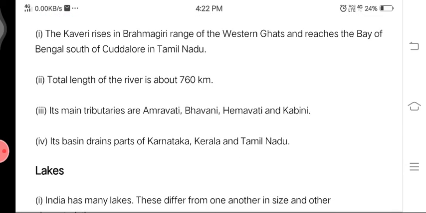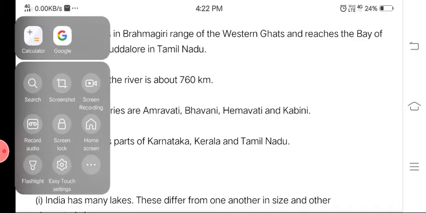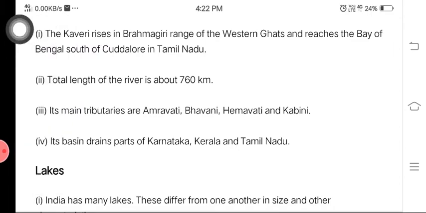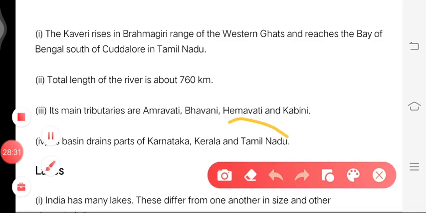The total length of this river is about 760 kilometers. Its main tributaries are Amaravati, Bhavani, Hemavati, and Kabini. Its basin drains parts of Karnataka, Kerala, and Tamil Nadu.